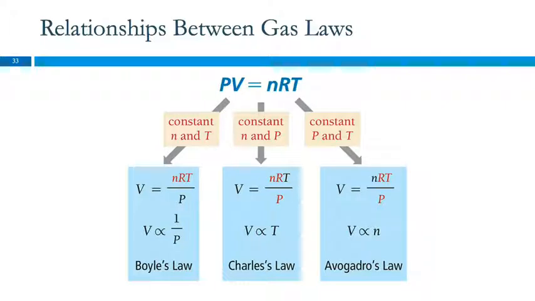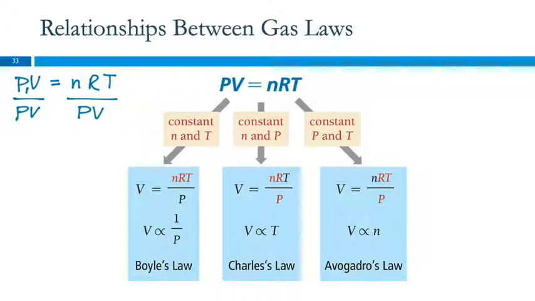This is a slide showing the relationship between these different gas laws. What I'd like to show you is how you can derive all of the other gas laws from PV equals nRT. So if we write PV equals nRT, that's an equality, and if we divide it by the same thing on each side, then it's still equal.